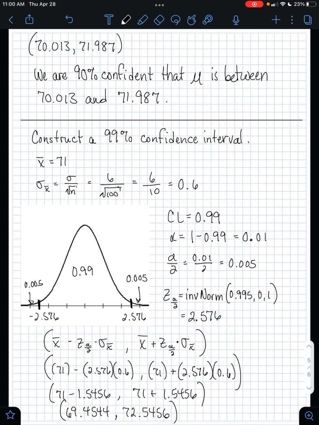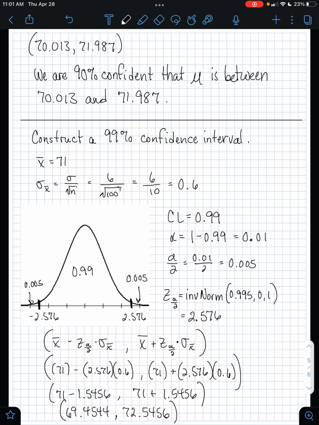And to be honest, when we're talking about a mean test score here, the difference between a mean test score of 70 or 72 as opposed to a mean test score that could go down to 69.5 or up to 72.5 is not that big of a difference. So in this case, it might be worth going to the higher confidence level. We can be more certain of our results, and really without adding on that big of a range of values there.